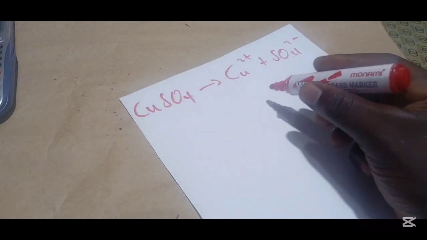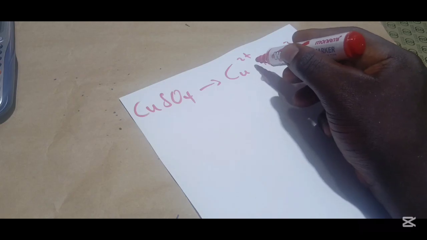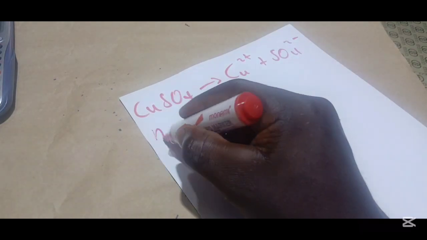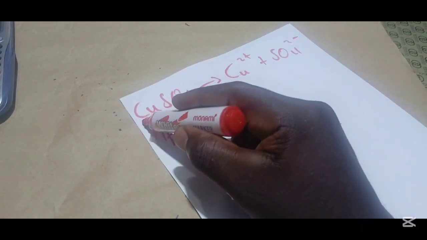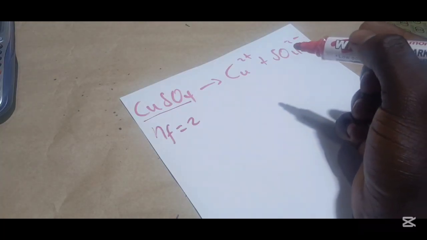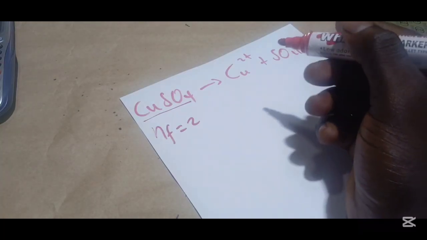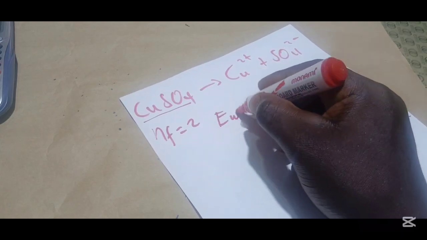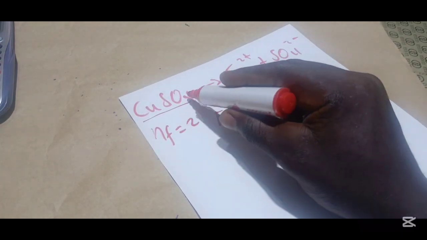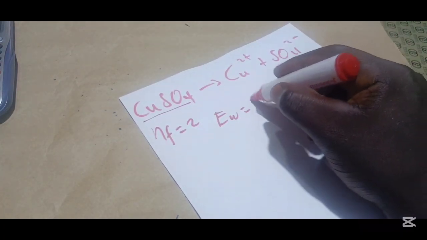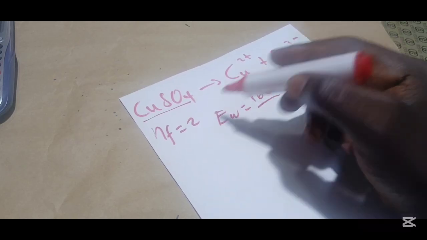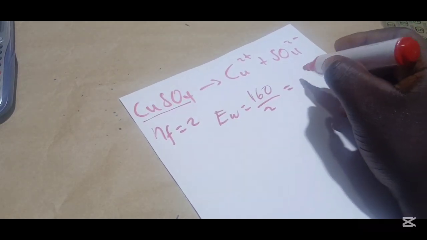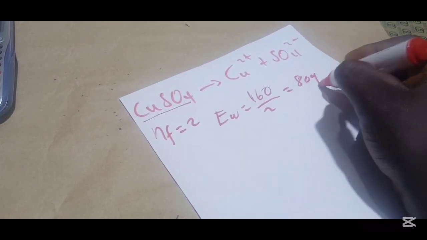Here the charge on the cation is 2, right? So 2 plus. So our N factor here is 2. And the molecular weight for copper sulfate is 160 grams per mole. So the equivalent weight equals the molecular weight of CuSO4, which is 160, over the N factor, which is 2. So this is going to give us 80 grams.